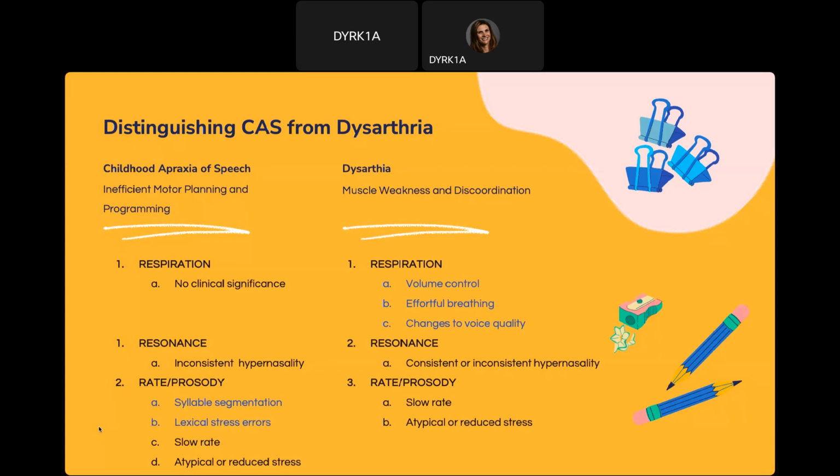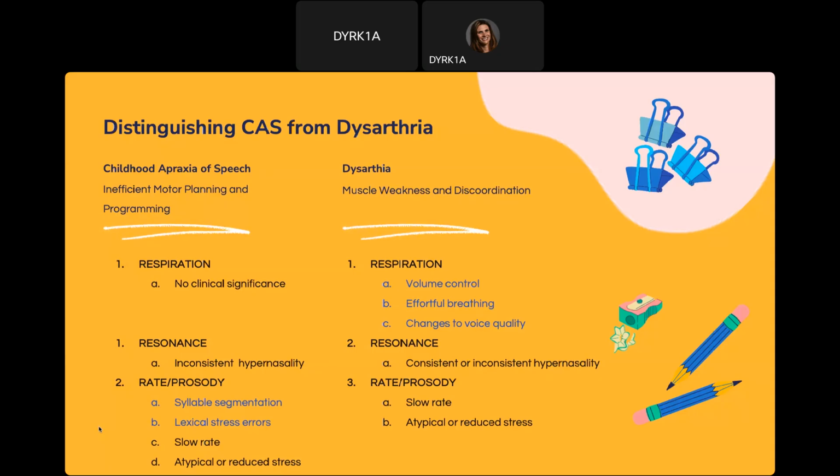And then the most distinguishing characteristic for childhood apraxia of speech is rate or prosody. This has to do with the musical aspect of communication. How does our voice rise and fall? How do we communicate emotion through our voice?